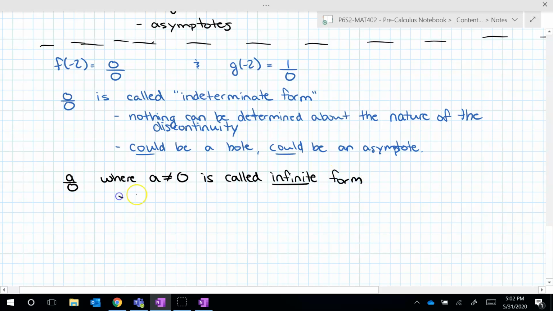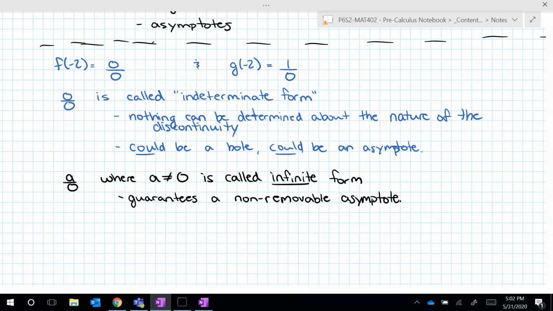And this guarantees a non-removable asymptote in the graph. So 0 divided by 0 might be a hole, might be an asymptote. Anything else divided by 0 is a guaranteed asymptote, guaranteed to blow up off to infinity or negative infinity or both.